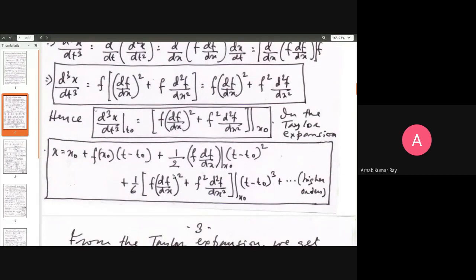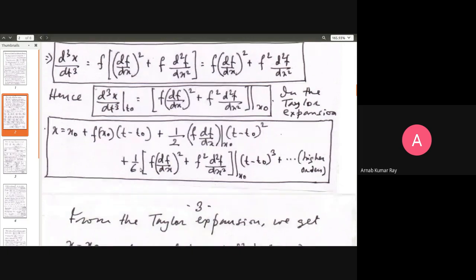Anyway, you can see now, except for t minus t naught, which is the step size, all the other things are in the autonomous form. There is no explicit presence of time in any of the other things except for the step size t minus t naught. You start at t equal to t naught. Then you take a step, which is going to t, the next value of t.